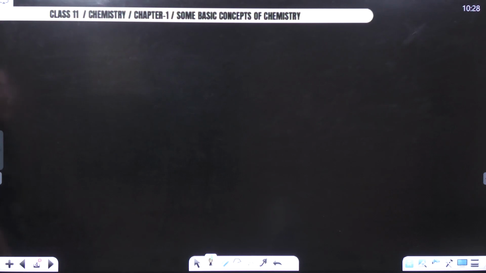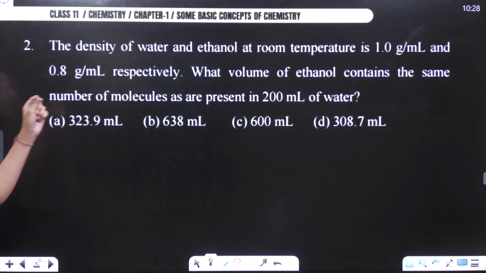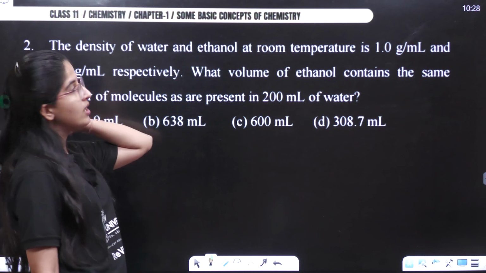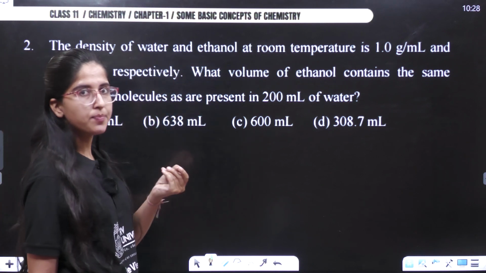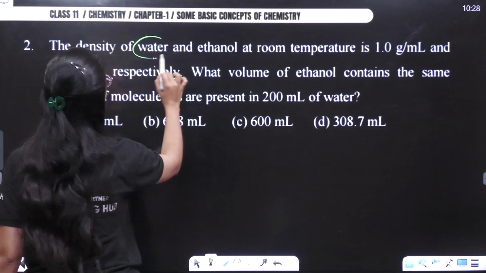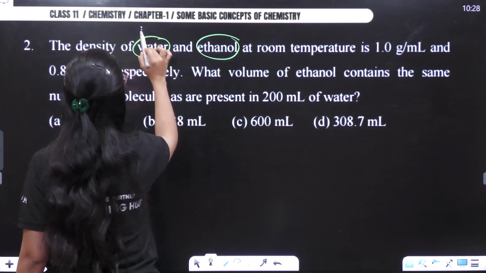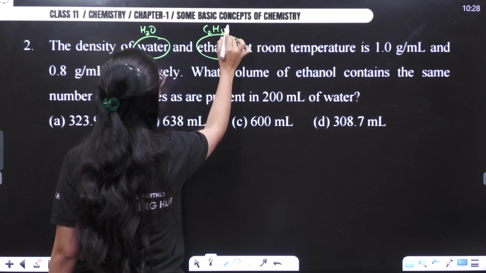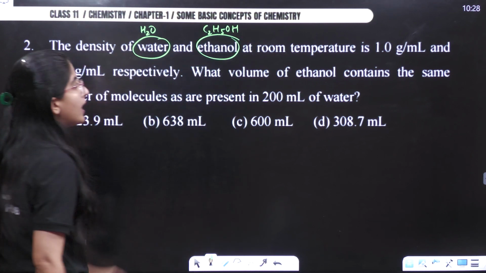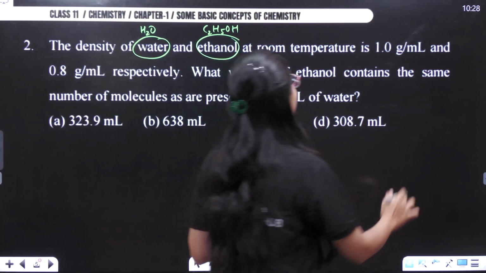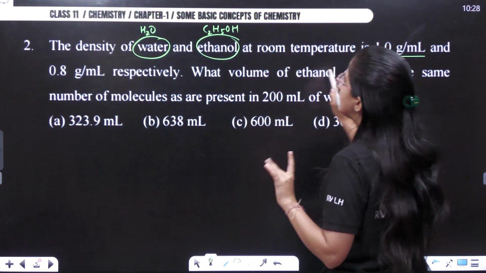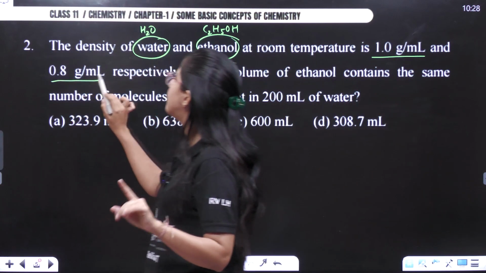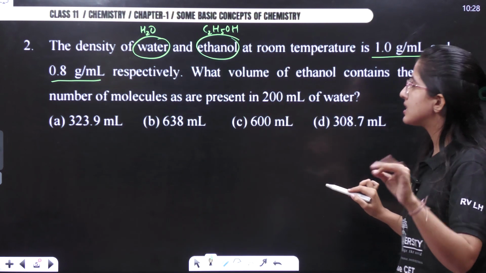Now the next question is, the density of water and ethanol at room temperature is. So you have here water, that is H2O, and ethanol, which is nothing but C2H5OH. At room temperature, they have densities of 1 gram per milliliter and 0.8 gram per milliliter respectively.